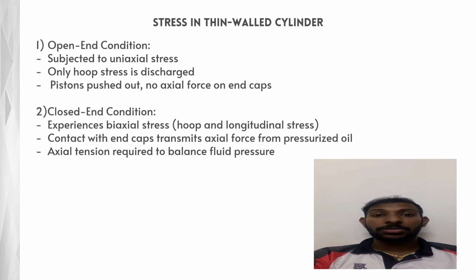Conversely, in the closed end condition, the thin-walled cylinder experiences biaxial stress, which includes both hoop stress and longitudinal stress. This occurs due to the contact between the pistons and the cylinder end caps, allowing the axial force from the pressurized oil inside the cylinder to be transmitted to the end caps. Consequently, axial tension is necessary to balance the fluid pressure exerted by the pressurized oil.